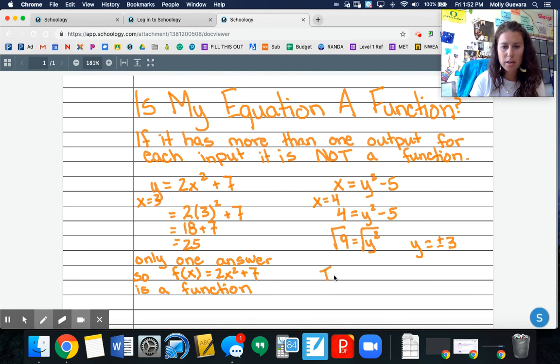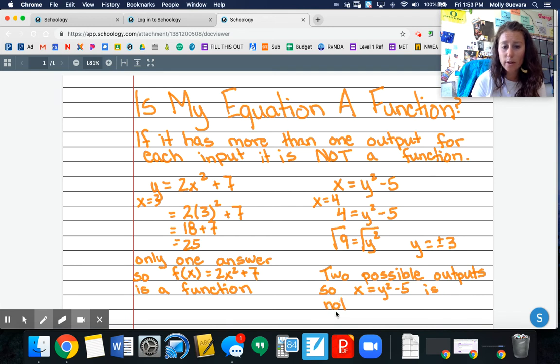Because there are two possible outputs, my pen's starting to get kind of jumpy on me, the equation x equals y squared minus 5 is not a function.